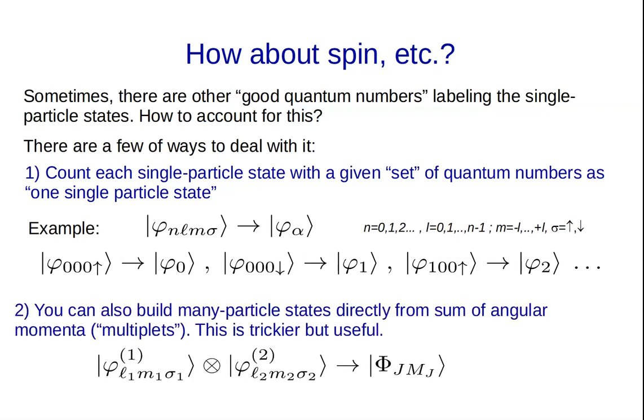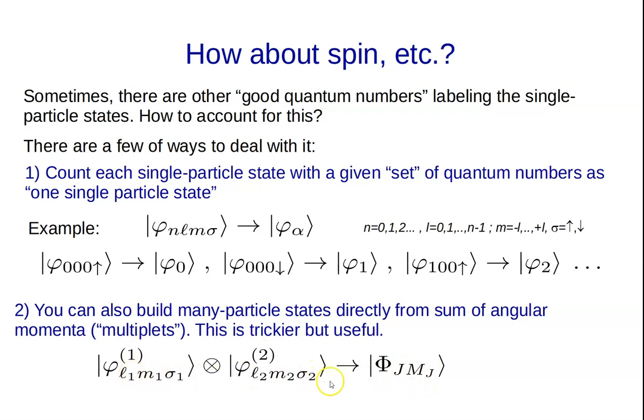Another one that we might talk a little bit about is to construct, say, two-particle bases out of the algebra of adding angular momentum, for instance. If you have two single particles, this is definitely a two-particle state, but you can rewrite it in a multiplet.